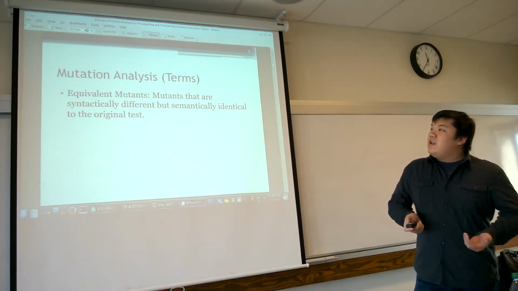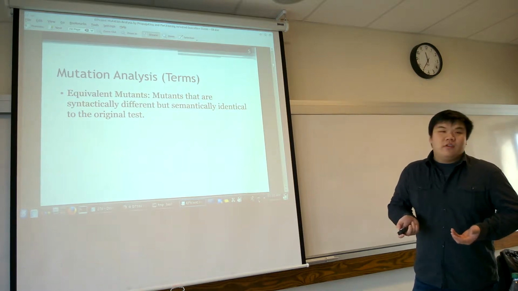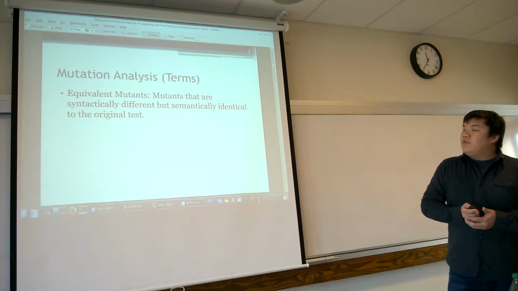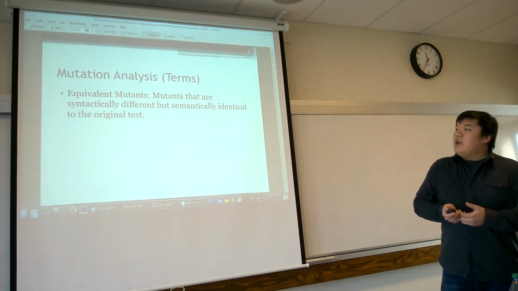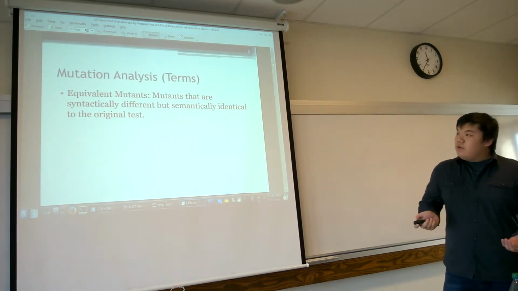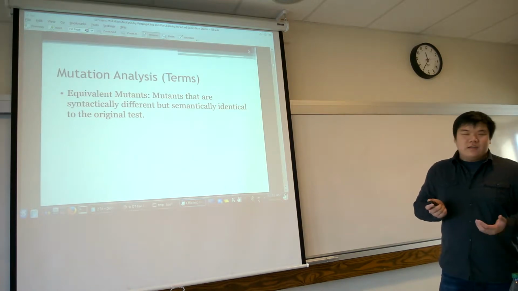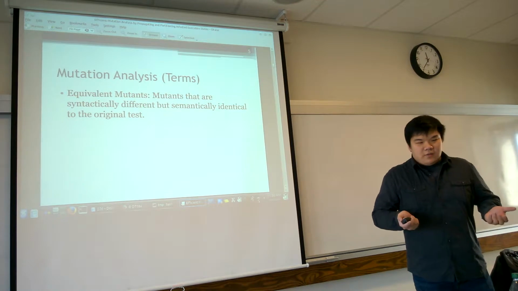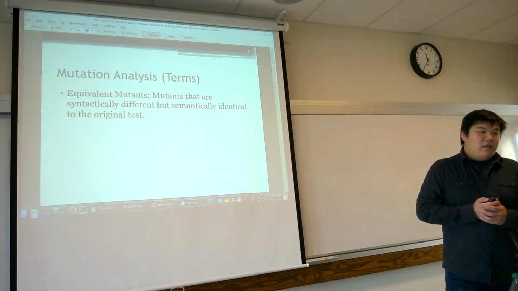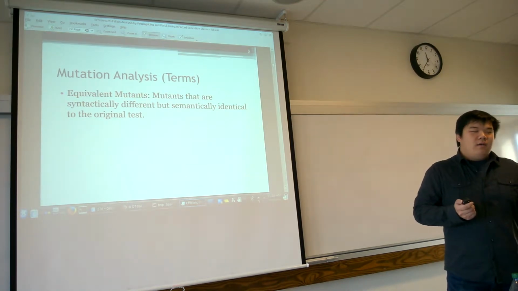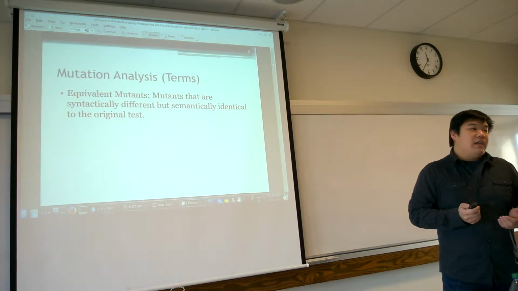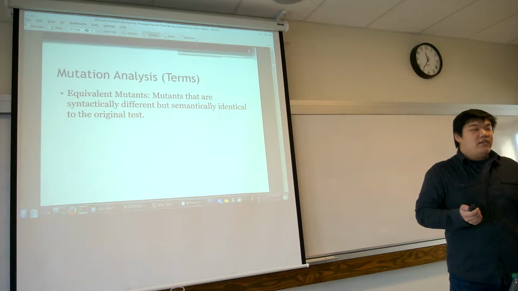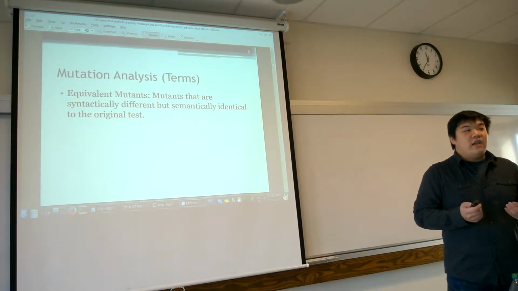So for mutation analysis, we'll quickly go over 2 terms that were used in the paper and in mutation analysis in general. The first thing is equivalent mutants, and these are mutants that are syntactically different but semantically identical to the original. An example of this might be, say you have a variable, A, and usually it's set to, say, 0. But in your test case, the mutation analysis changes it to a negative number, say -1.